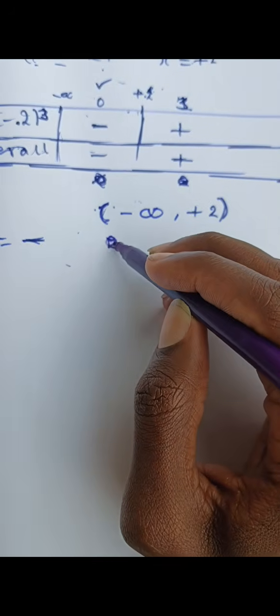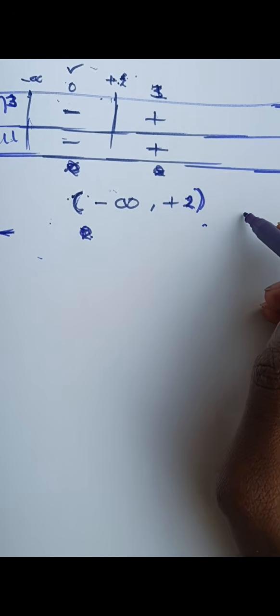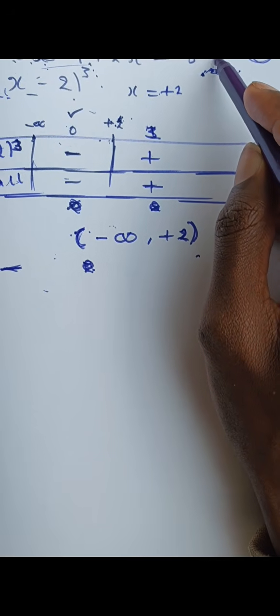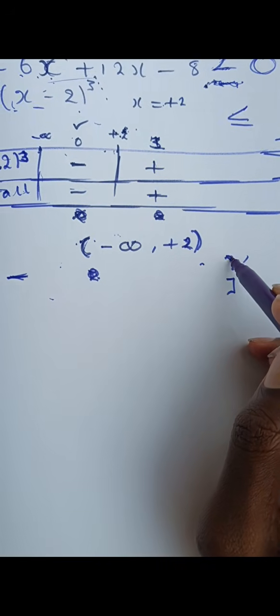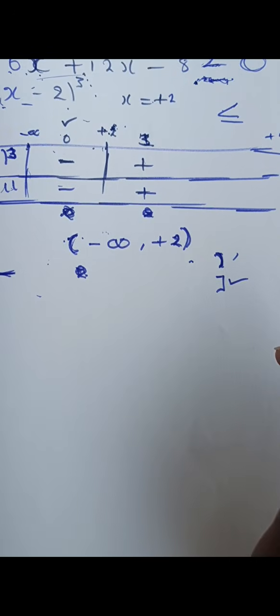Don't use this, okay? But for 2, what will tell you whether you are going to use this symbol or this symbol is the sign that they gave you. If it was less than or equal to, you wouldn't have used the parenthesis, you would have used this one instead. Okay, same applies to a situation where you have the greater than symbol like this.